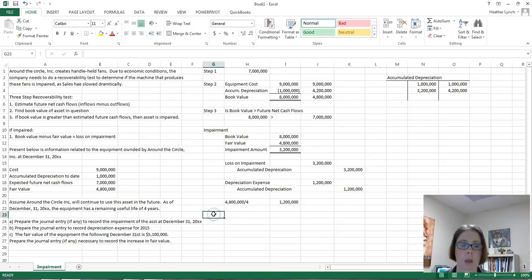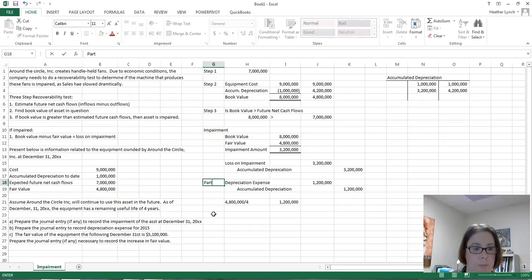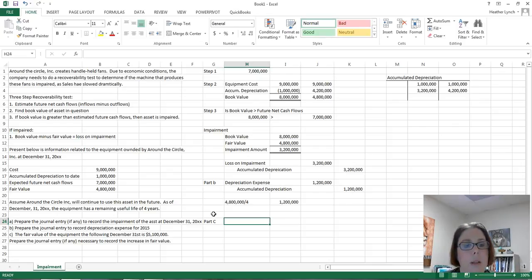Okay, so part C. The fair value of the equipment the following December is $5.1 million. If necessary, record the increase in fair value; if not, no entry.